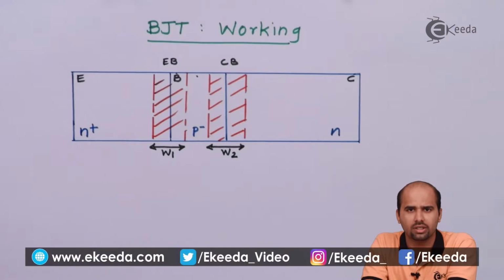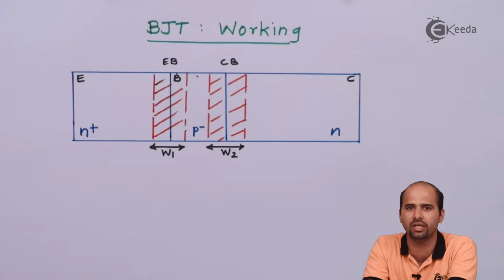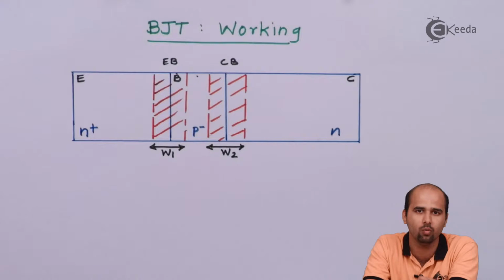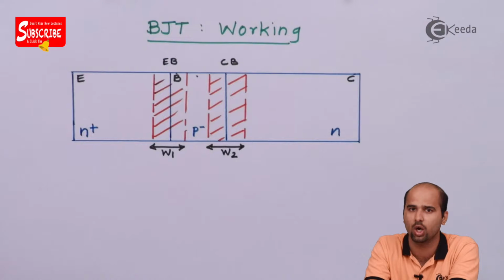As we have learned the construction process of the BJT, we will proceed further to the working, keeping in mind that two aspects of the construction process are very important. One is doping concentration and another is the area of the BJT.